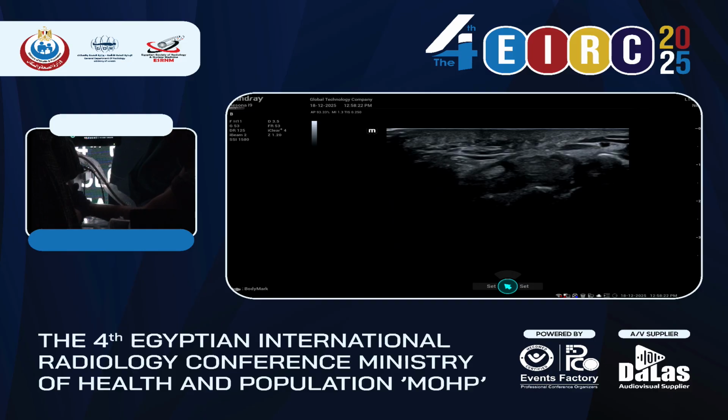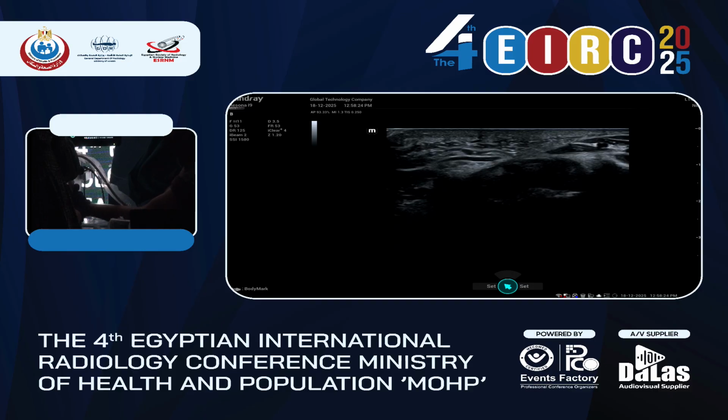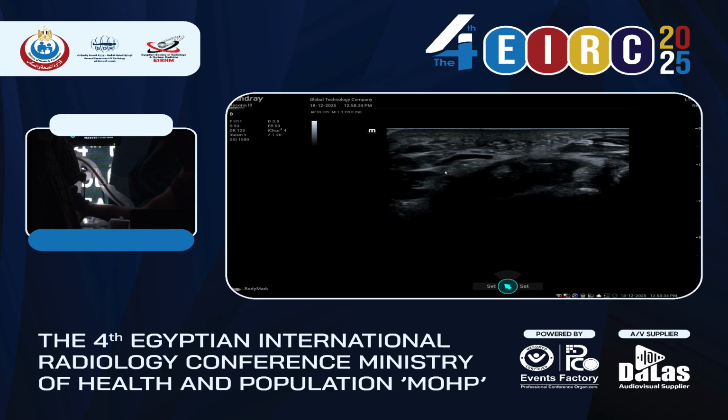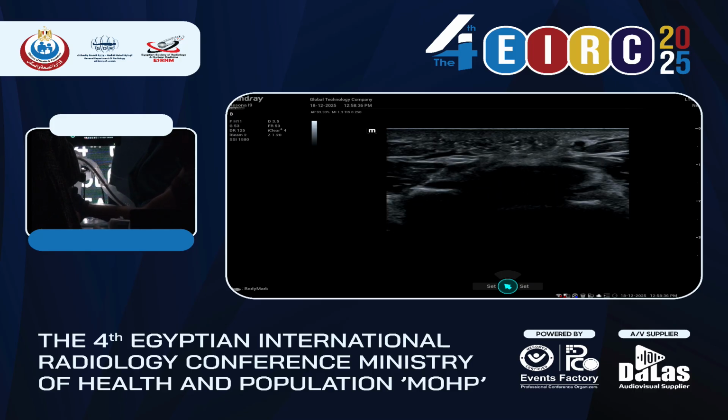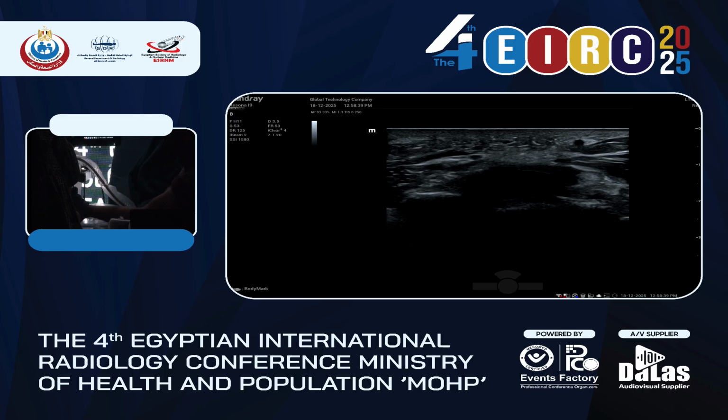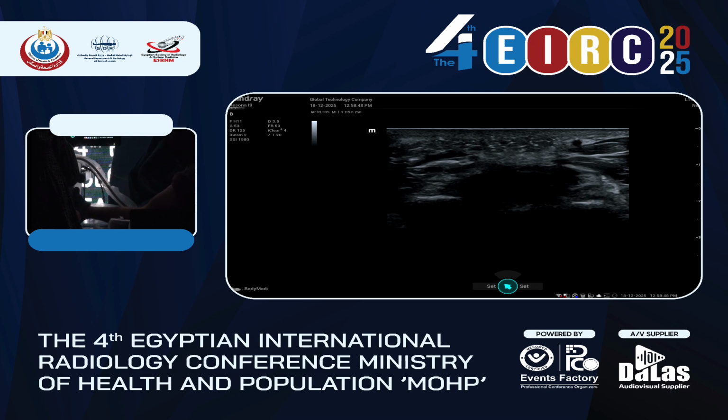One branch goes superficially to become the superficial sensory branch, and the other branch goes deep, and it is the motor branch. Here is the motor branch, and the motor branch goes deep inside the pisohamate hiatus, which is a very narrow passageway between the hamate hook and the pisiform, and at this passageway it can be compressed.